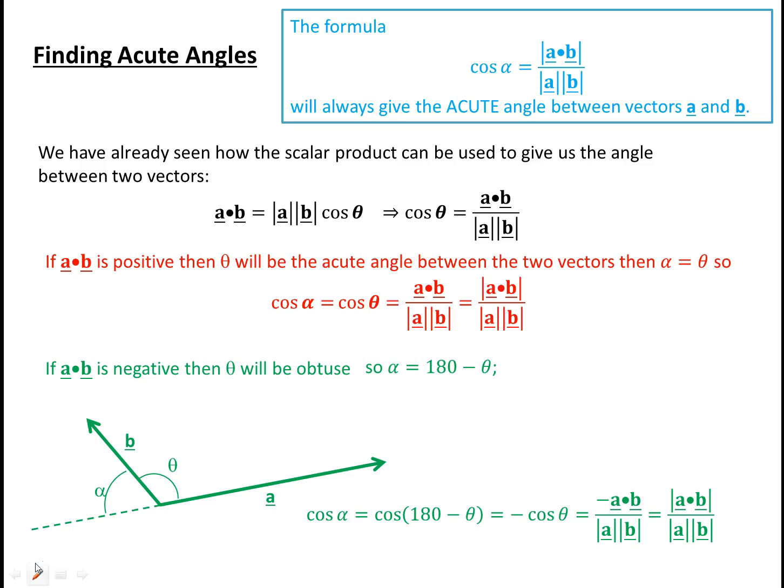But cos theta is A dot B over the length of A times the length of B. So minus cos theta must be minus A dot B over the length of A times the length of B. But A dot B is a negative number in this case, which means that minus A dot B is precisely the same thing as the modulus of A dot B. So in both cases we've seen that the formula modulus of A dot B divided by the length of A times the length of B gives us cos alpha, where alpha is the acute angle between the directions of A and B.